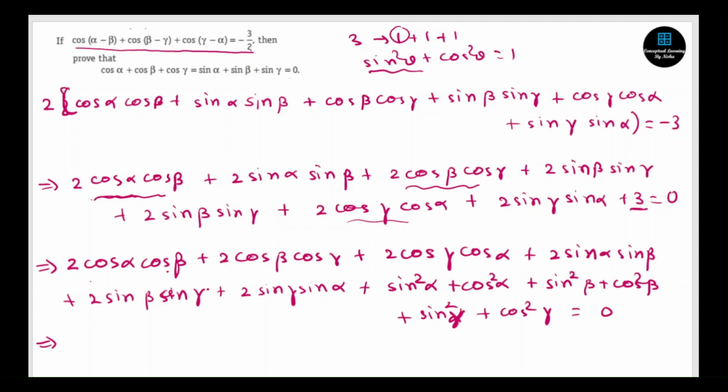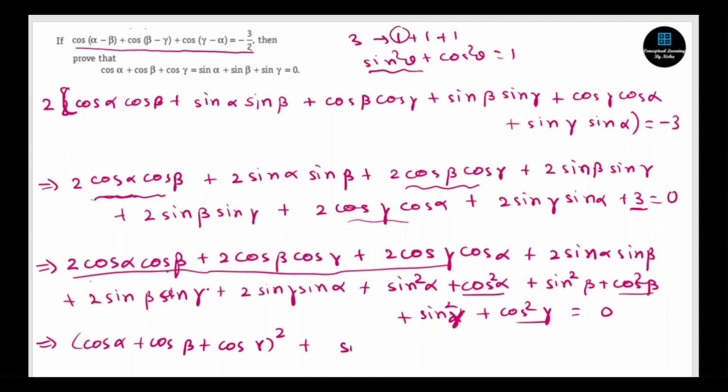To get these as the terms. So I have the cos square alpha, cos square beta, cos square gamma plus this. So I can directly write this as cos alpha plus cos beta plus cos gamma whole square plus sin alpha plus sin beta plus sin gamma whole square, and this is equal to 0.